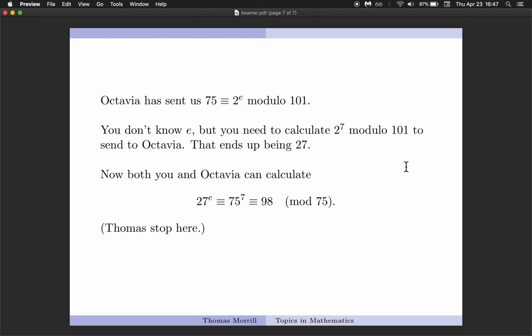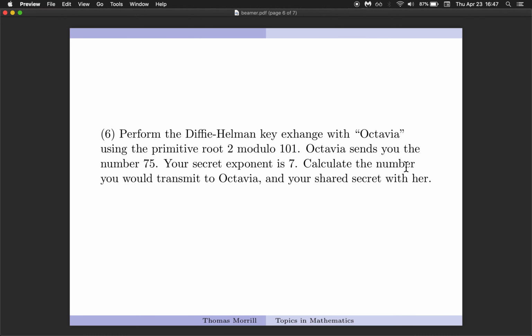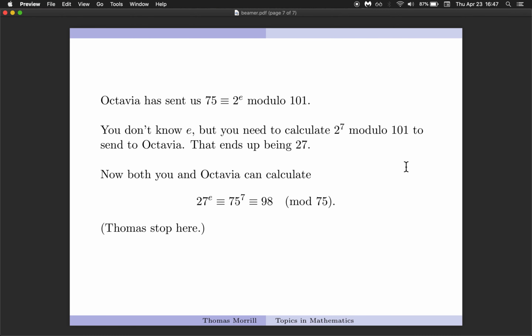Now, because Octavia knows her secret exponent, she's the one who came up with it, and because you know your secret exponent, because I told you it's going to be 7, both you and Octavia can calculate the same formula.